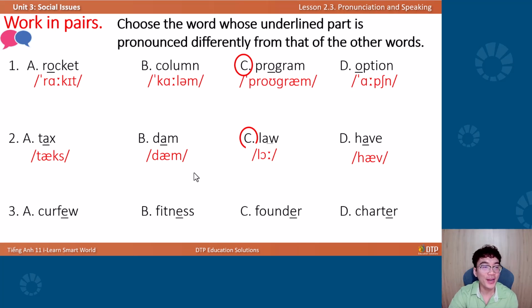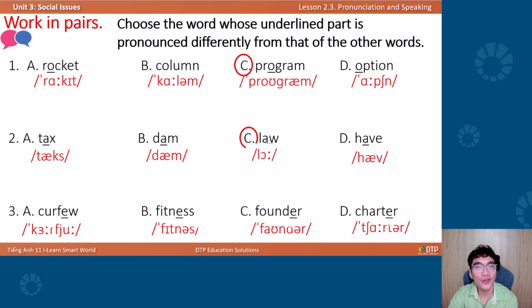Okay, number 3. Can you read them to me first? A, B, C, and D. So what's your choice? Let's check together. So A, curfew. B, fitness.